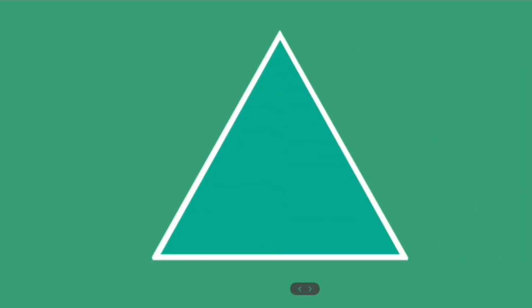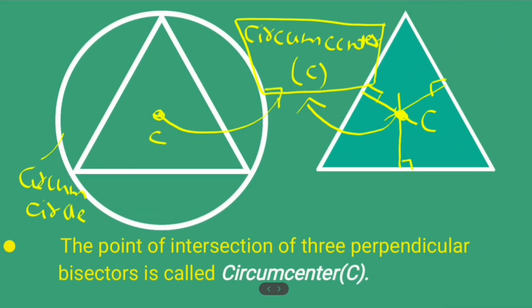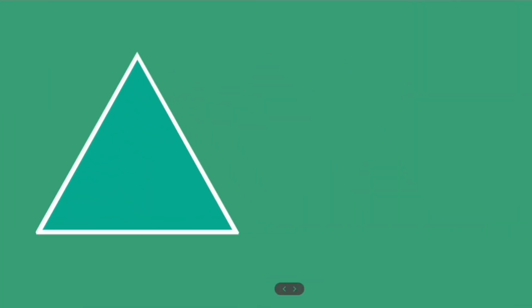Next, now here is a triangle. Sorry, I forgot to take the right circle. Okay, no problem. Now here is a triangle.